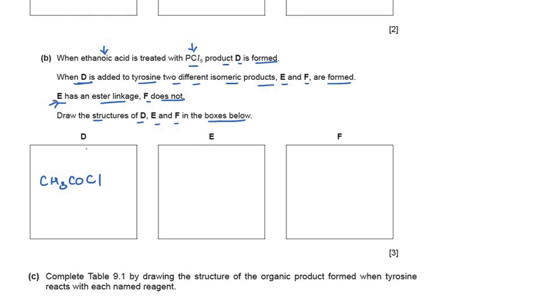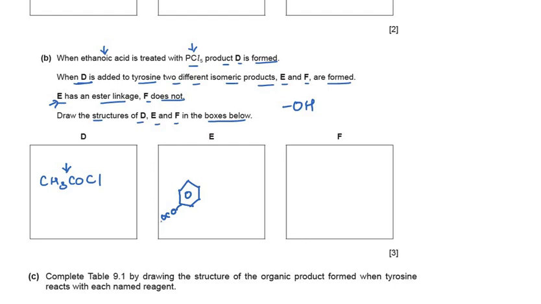Definitely then the ethanoyl chloride has reacted with the OH part of the tyrosine. The OH part was bonded to the benzene ring, so here should be the ester linkage.